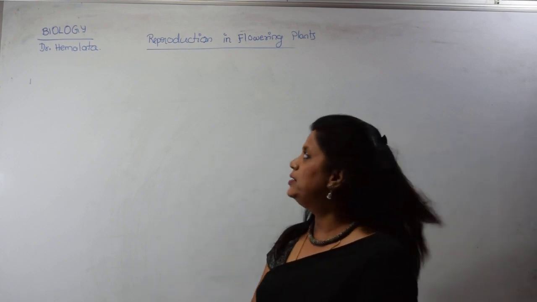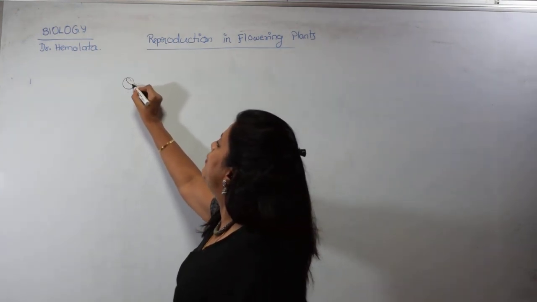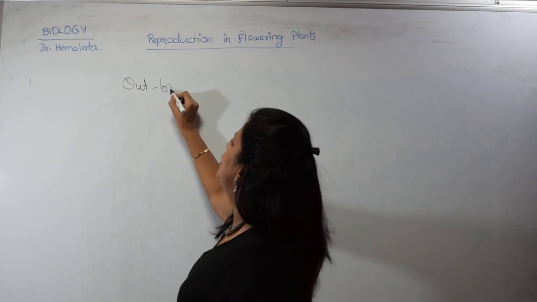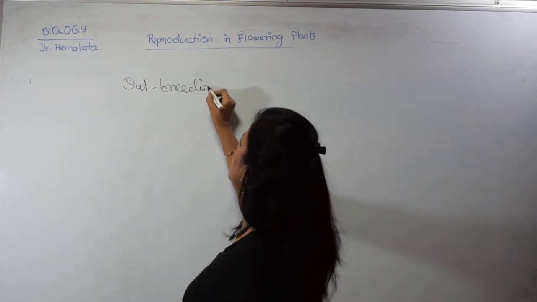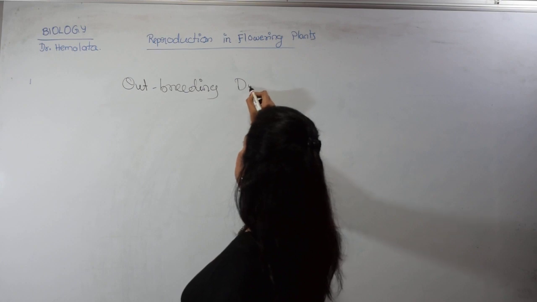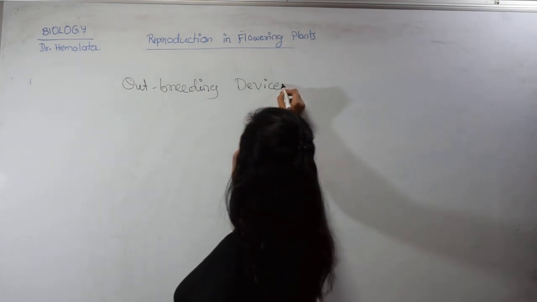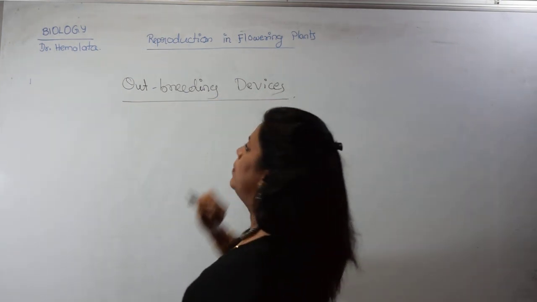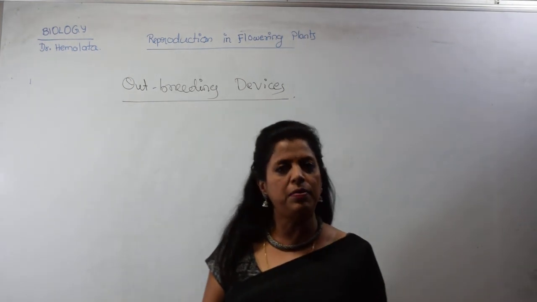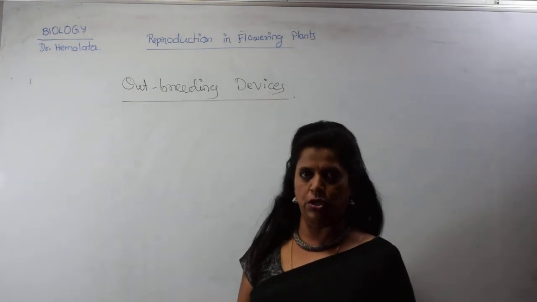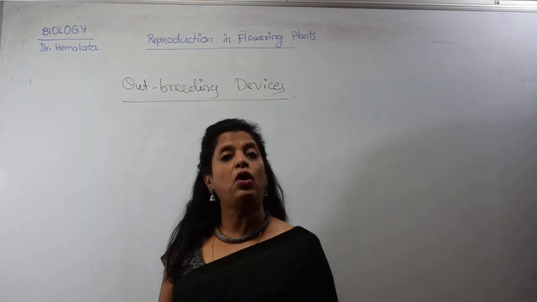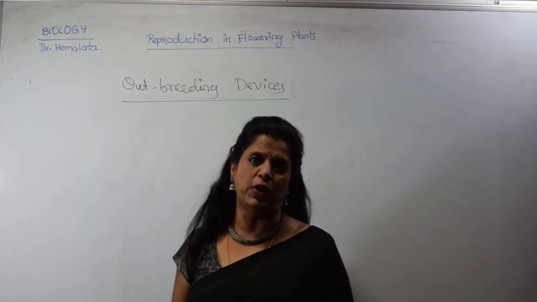That is called outbreeding devices. Remember the word outbreeding devices. It means what are the ways outbreeding or hybridization is happening in nature. This is also called contrivances for cross-pollination.